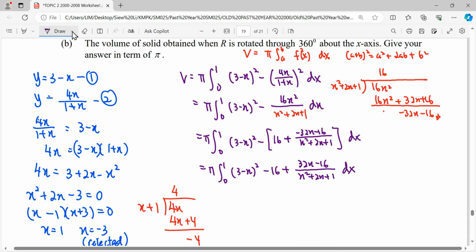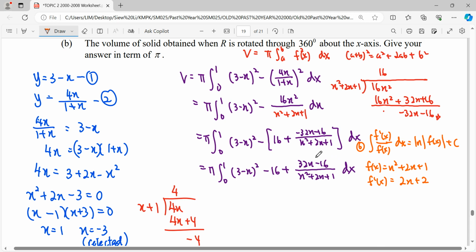Again, we have a fraction already simplified by long division. We want to check whether it has the special form where the numerator is the differentiated function of the denominator. If it has this pattern, we can use special form formula number 6, which is ln of the function straight away. For the denominator x squared plus 2x plus 1, differentiating should give 2x plus 2.